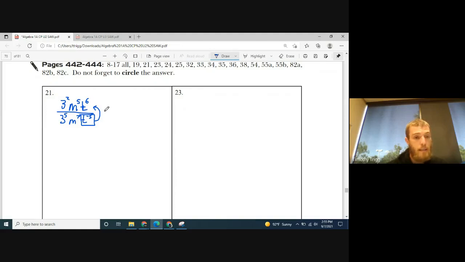So I could rewrite this as 3 squared, m to the fifth, t to the sixth, and then this t to the fifth will come up and become positive. On the bottom, I still have the 3 to the fifth and the m to the seventh.